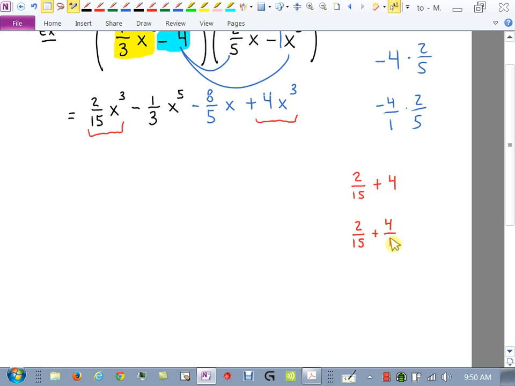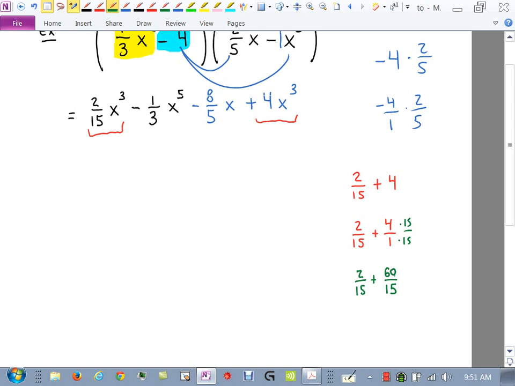So I need to turn this 1 down here into a what? 15, which means I need to multiply the top and bottom by 15. So 15 on top, 15 on bottom. That gives me 2 over 15 plus 60 over 15, right?